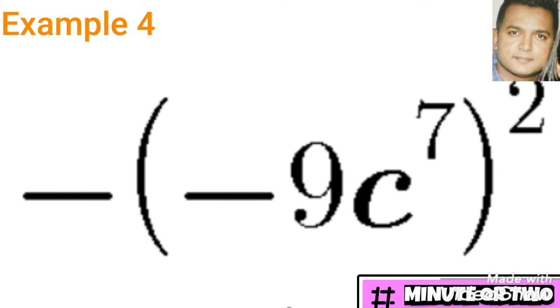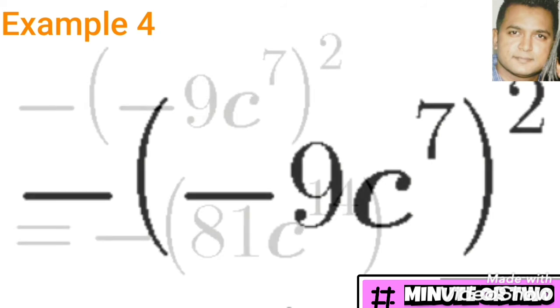So we have minus 9 to the power 2 will be minus 9 times minus 9, so that will be 2 negatives, and we'll get an answer of positive 81. And then looking at the c to the power 7, we have 7 times 2, and we'll have an answer of c to the power 14.